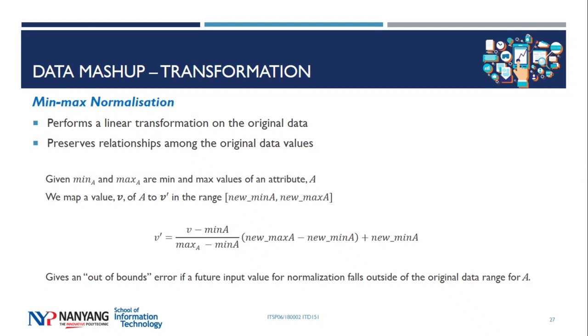In min-max normalization, it performs a linear transformation on the original data, and at the same time preserves relationships among the original data. So the next slide will have further illustrations. Before I go on to the next slide, this is the formula for min-max normalization.